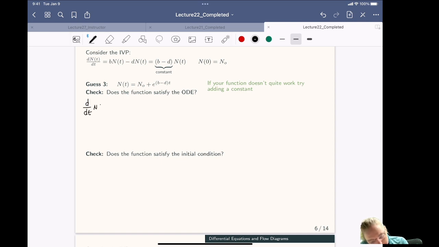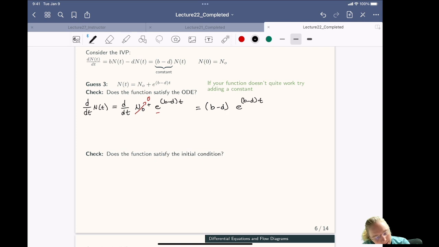We have d by dt of n of t. We take the derivative of the other side, d by dt of n0 plus e to the b minus d times t. All right, the derivative of this first term is simply 0 because it is a constant. So that goes to 0, and this term here is going to go to b minus d e to the b minus d times t.